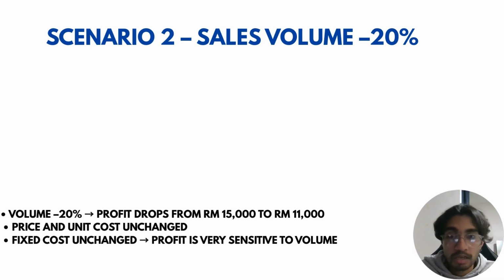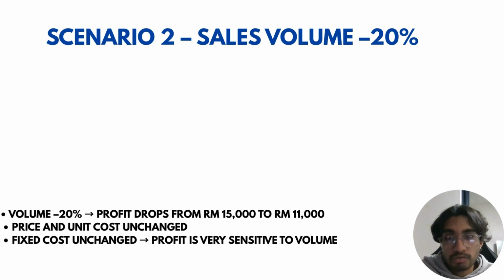Contribution margin becomes 16,000 ringgits, and fixed cost is still 5,000, so the profit drops to 11,000 ringgits. The important point here is that a 20% drop in volume reduces profit from 15,000 ringgits to 11,000 ringgits, even though price and cost per unit haven't changed at all. Fixed costs stay exactly the same, so less volume means less contribution to cover the fixed costs.